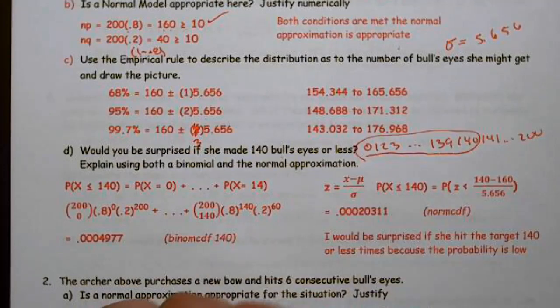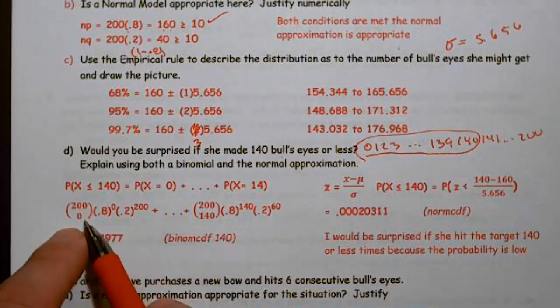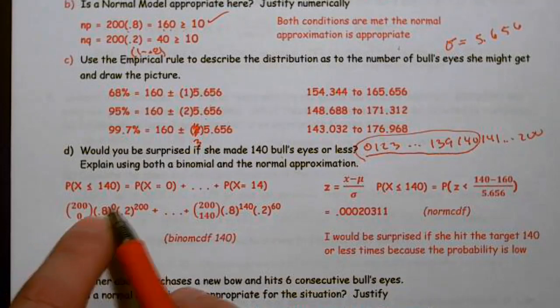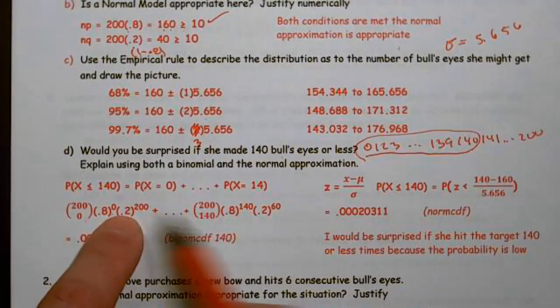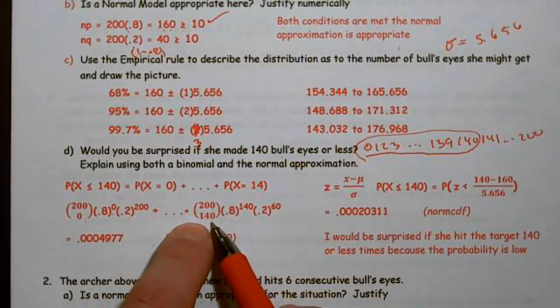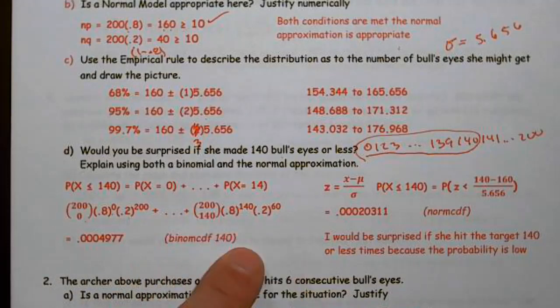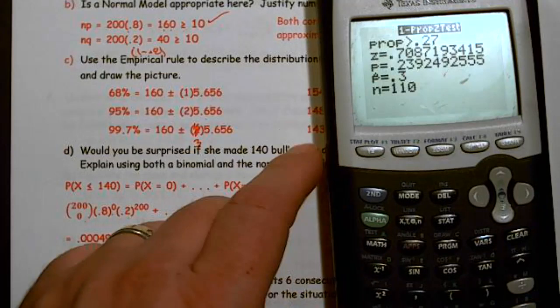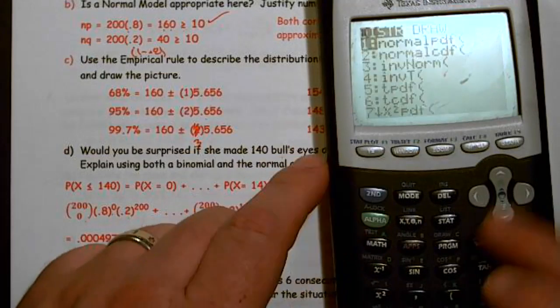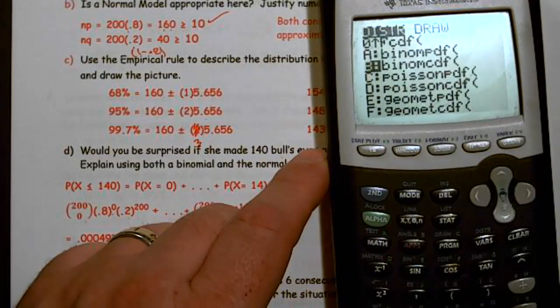I'm circling multiple values, so I would need to do a binomial CDF. So 200 choose 0, 0.8 to the 0, that's the probability of success with 0 successes, times the probability of a failure, and we want all 200. And then I'm going to go up to 140 successes. I can do that on a calculator. This would have been horrible back in my day, but our calculators have gotten much better.